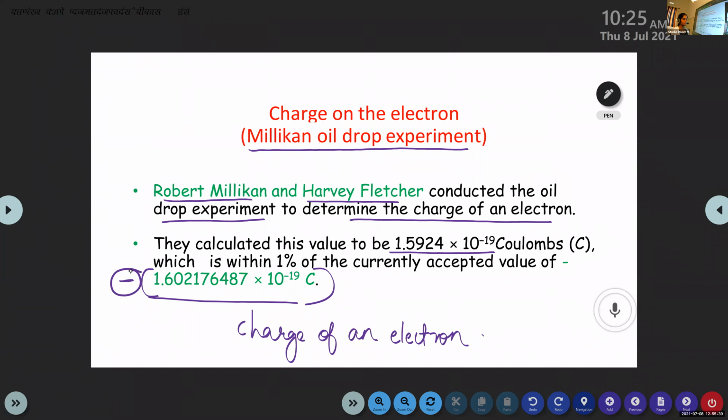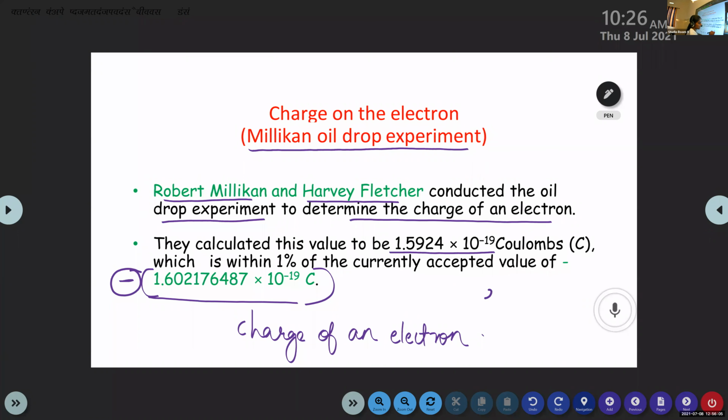What's the value? Minus 1.602176487 into 10 raised to minus 19 coulomb.